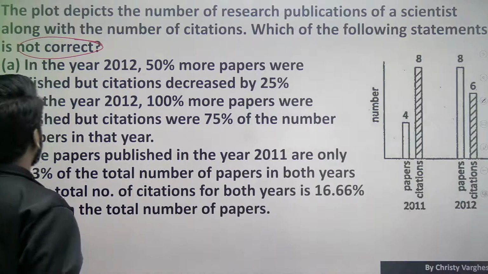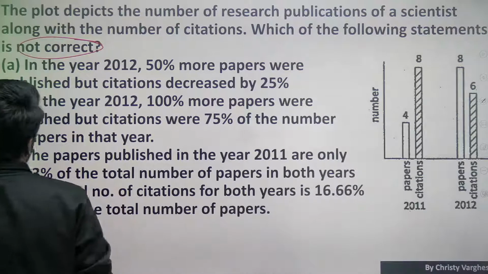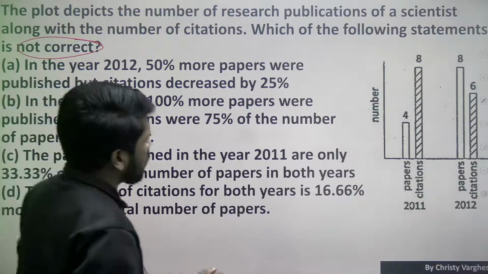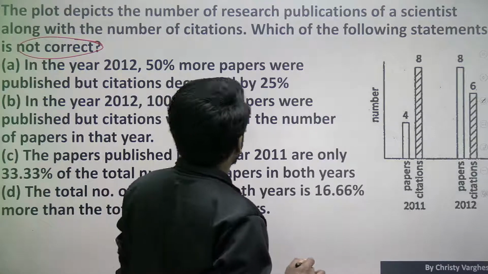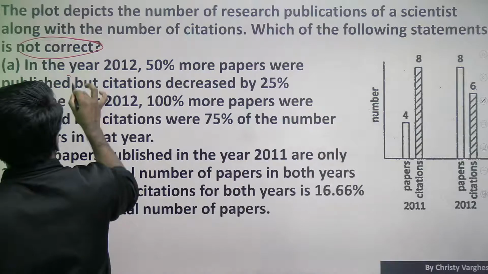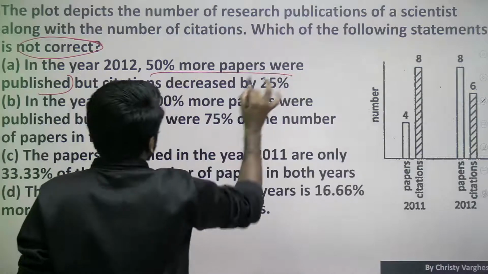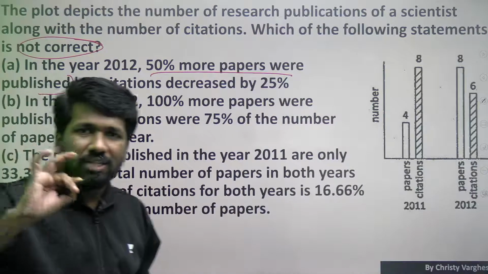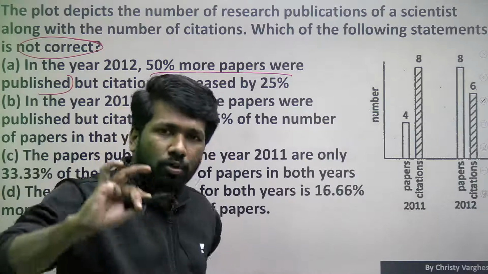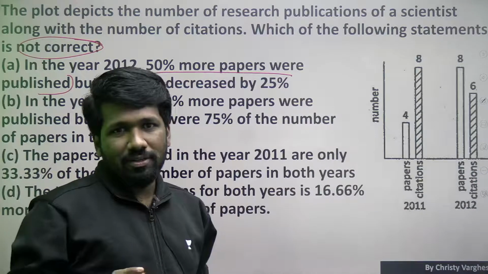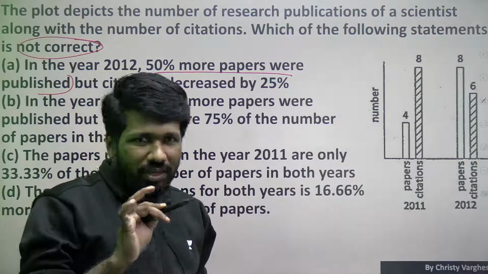Now incorrect is asked. So what is the first option? Listen very carefully. In the year 2012, 50% more papers were published. More papers were published means compared to the previous year. It is obvious there.